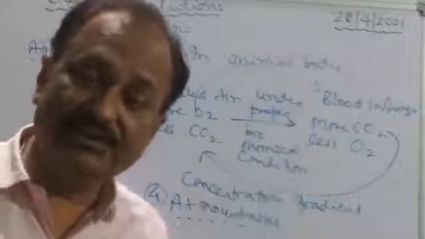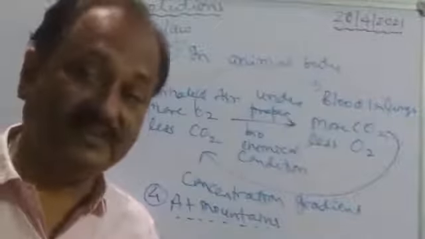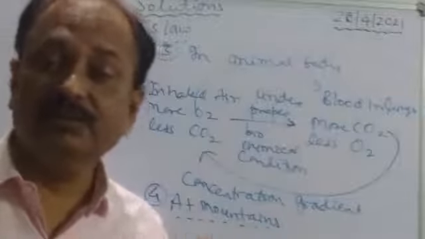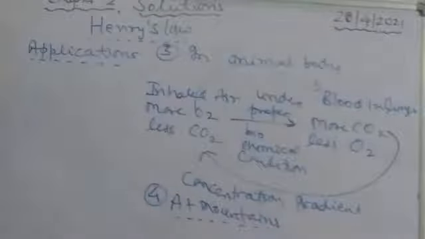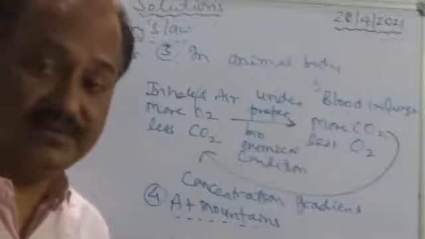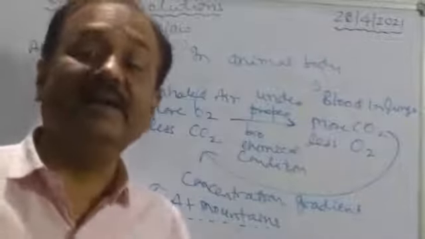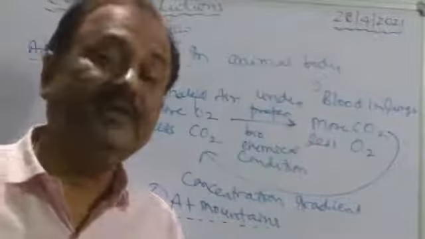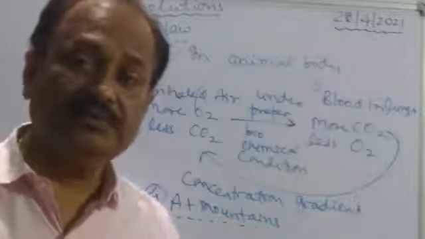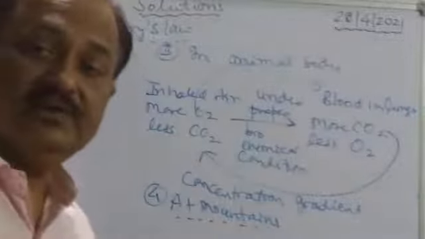Because at the higher altitude, as you move upward, the air pressure decreases, and when the air pressure decreases, the amount of oxygen present for us also decreases, and so it becomes difficult. And so the mountaineers carry oxygen cylinders, or they carry the oxygen support system for their survival, and so this is all about the applications of Henry's law.